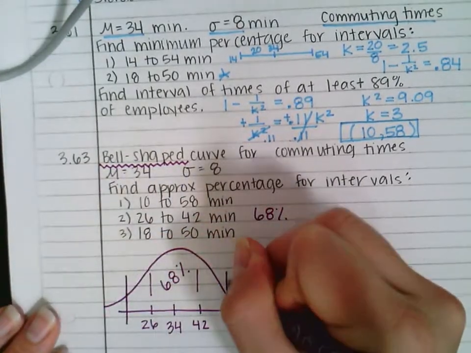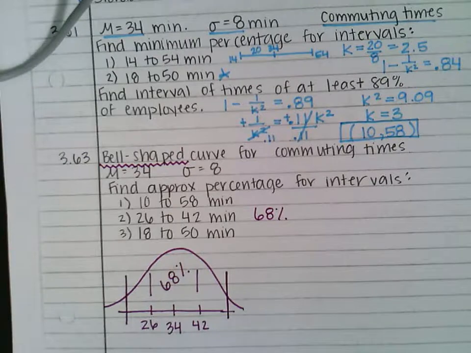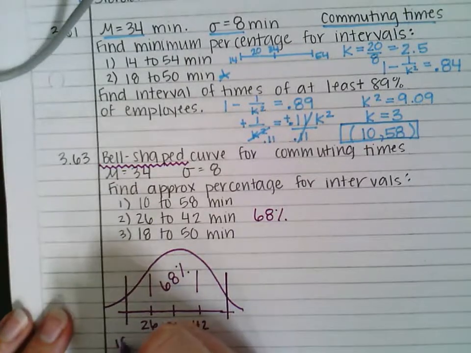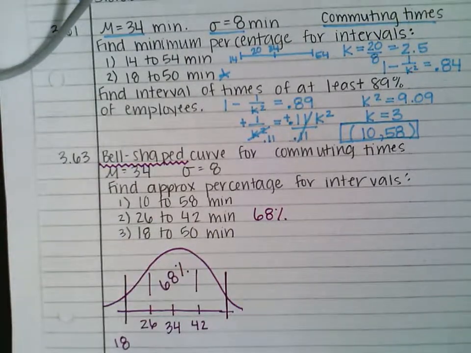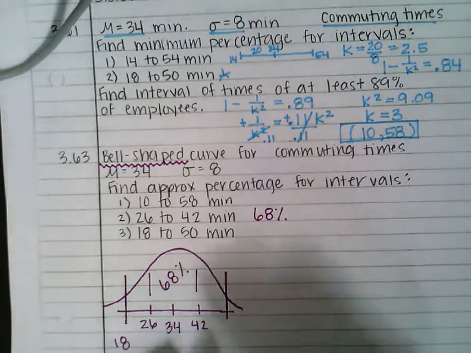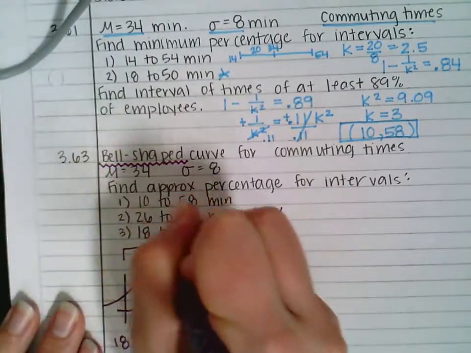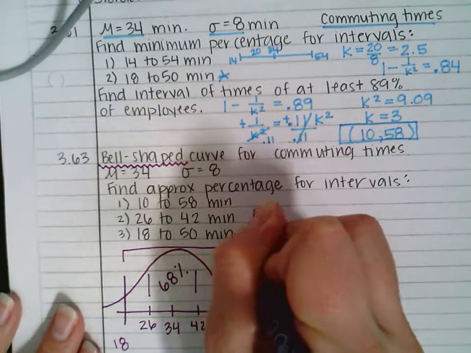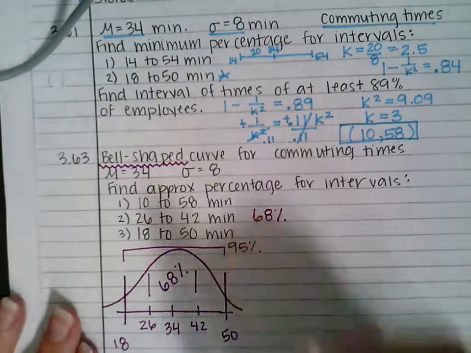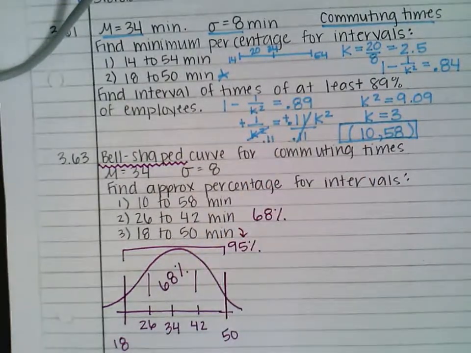If I want to look at 2 standard deviations from the mean, 34 minus 8 gives me 18, and 34 plus 8 gives me 50. That's 95% of my distribution between 18 and 50, which is my answer right there.